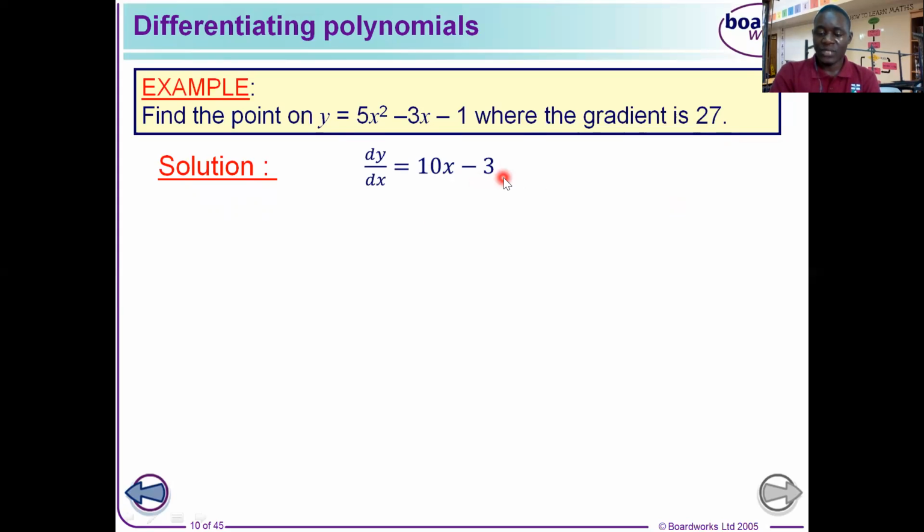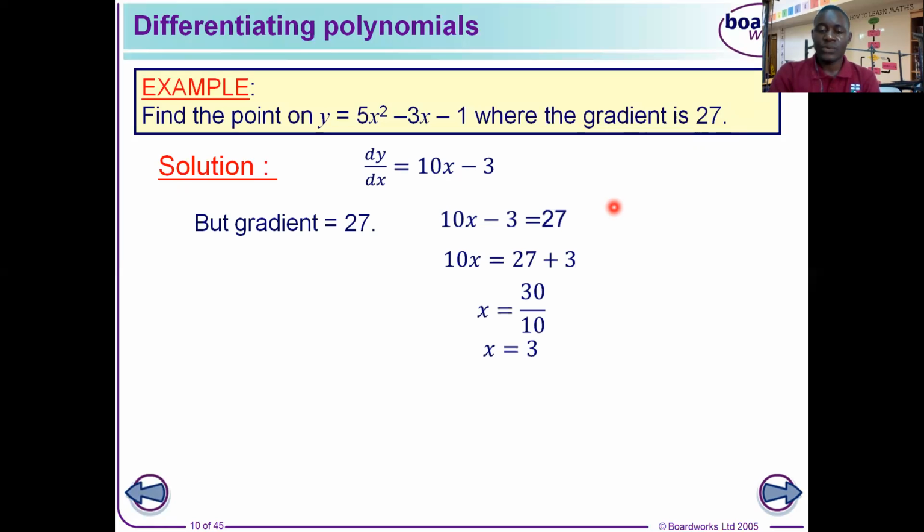So we can equate 10x minus 3 to 27, because if this is the gradient function, then it is equal to 27. All right, so we have 10x minus 3 equals 27. Now solving that equation, we arrive at x as 3.